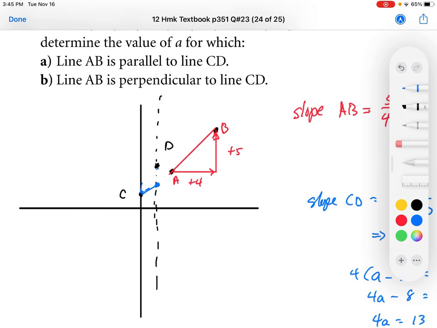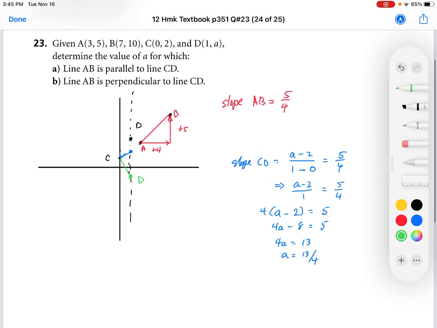To get a perpendicular line, so this is part B, perpendicular line, I need to draw some point that is perpendicular, or 90 degrees, to that red line. So it's probably going to be somewhere around there. So that's going to be my D point. Okay, and I'm just going to do the same thing. I'm going to do a calculation for the slope of CD.